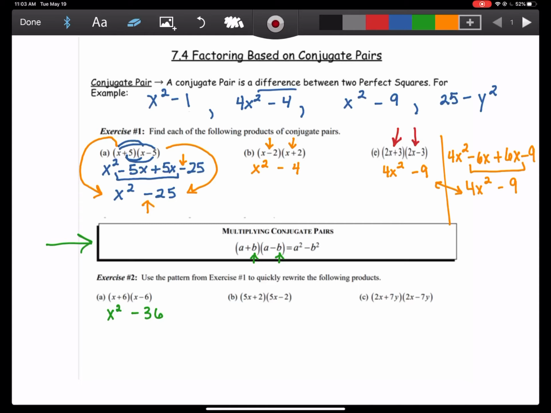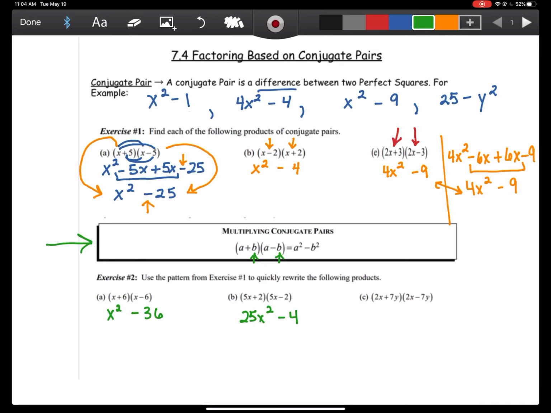This means we can use the rule for multiplying conjugate pairs. All right, let's see what we get. 5x times 5x, 25x squared. Positive 2 times negative 2, negative 4.